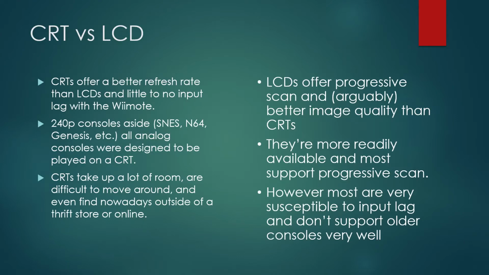CRTs are more or less the preferred television, at least in my opinion, to use when not only playing older games, but just speedrunning in general. They have a better refresh rate. The older consoles, especially like the NES and the Super Nintendo, were built to be played on CRTs, so it's just much more compatible on that.